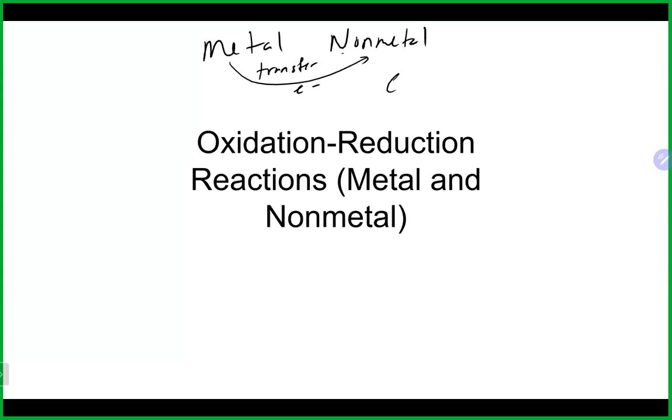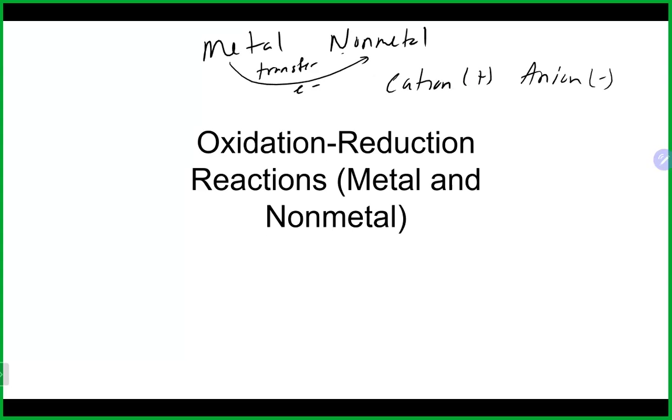That will result in our metal becoming a cation and our non-metal becoming an anion. In the simplest case, in an oxidation reduction reaction, that is always what's going to happen. Now, you can have situations where electrons are transferred between, say, metals, and that can occur as well.